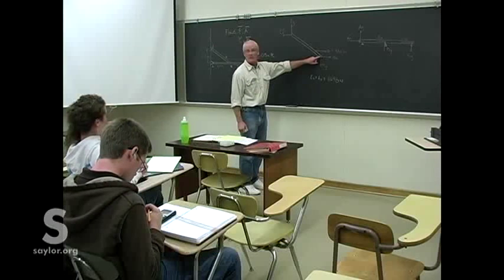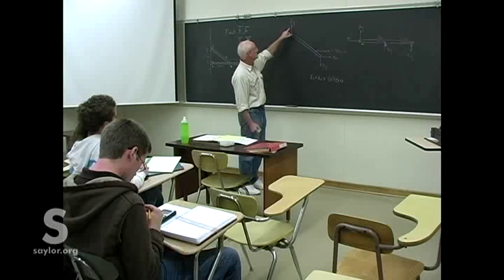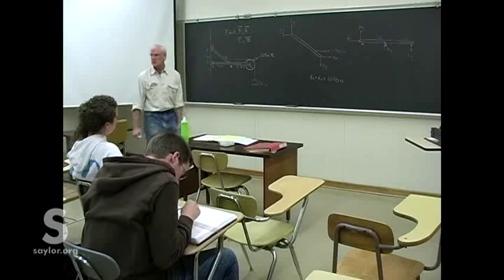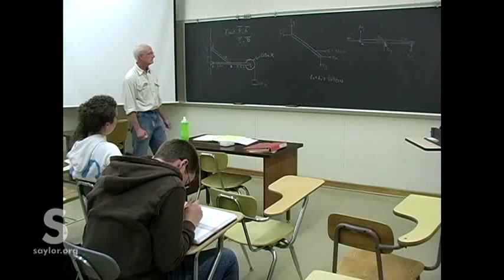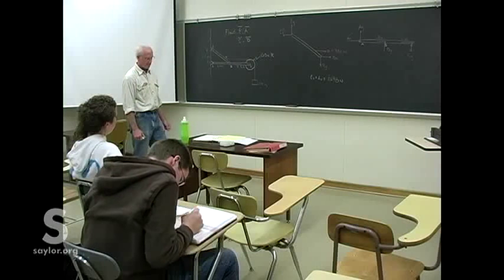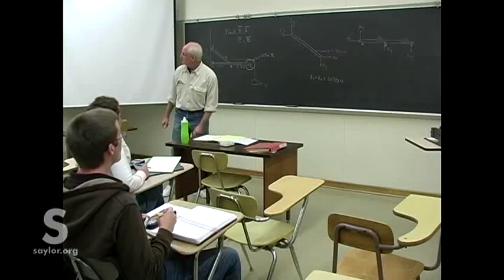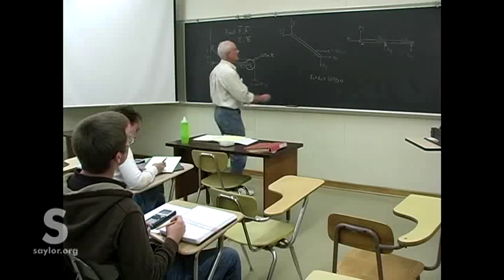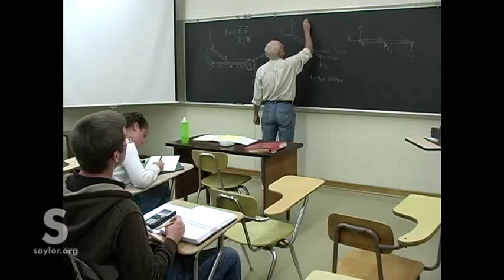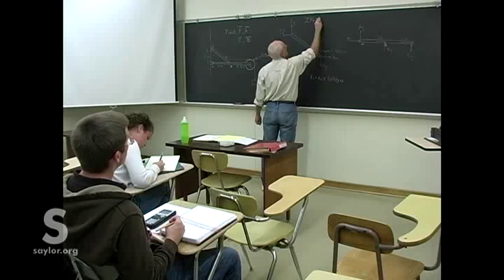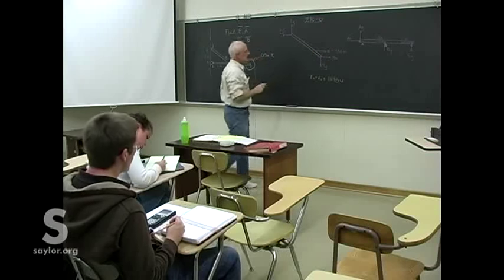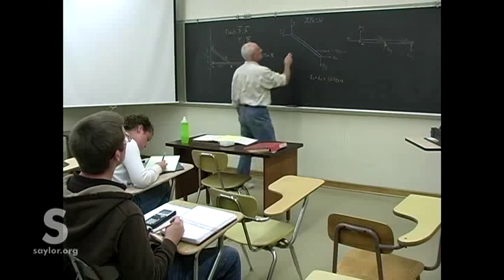Probably makes sense to sum the moments about B, because then EY is the only force left. So, why don't you go ahead with that a little bit. Forces in the X, let's see.